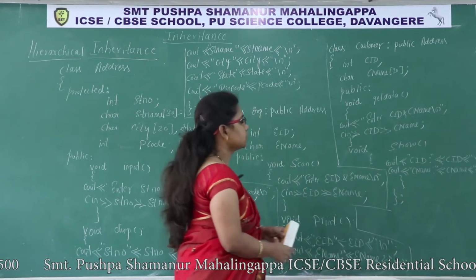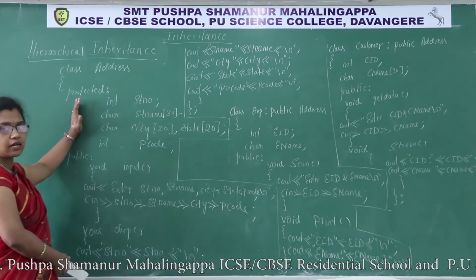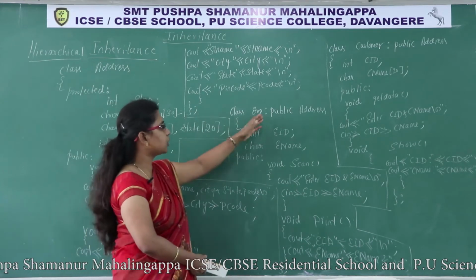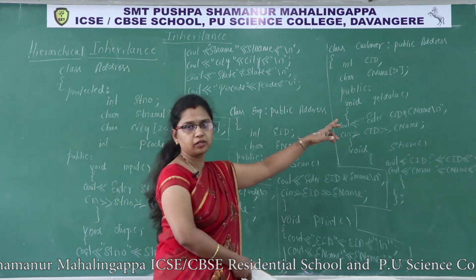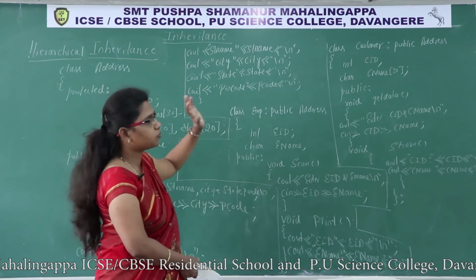Close. See, this address class is going to be inherited to these two classes, employee and customer. So employee makes use of this address and customer also.